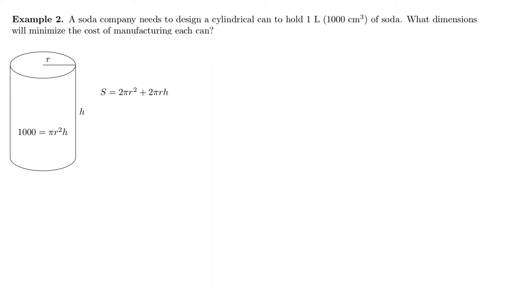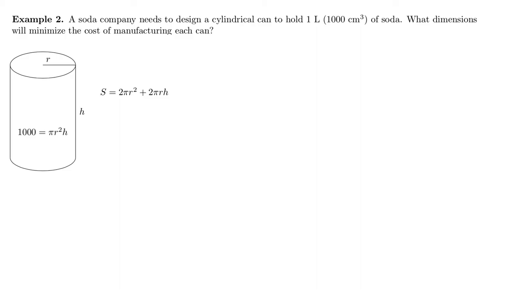Well, think about what that means for a second. If we want to minimize the cost of manufacturing each can, we probably want to minimize the amount of materials we use per can. And how do we know how much material we need for each can? Well, that's really just the surface area of the can, right?